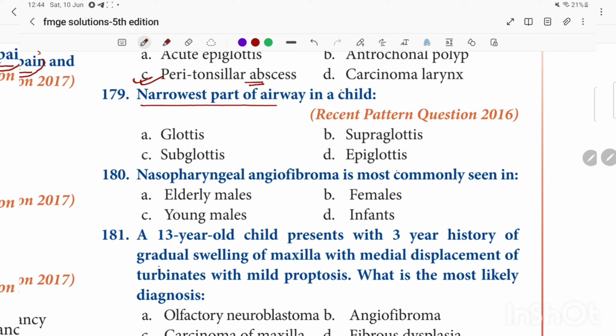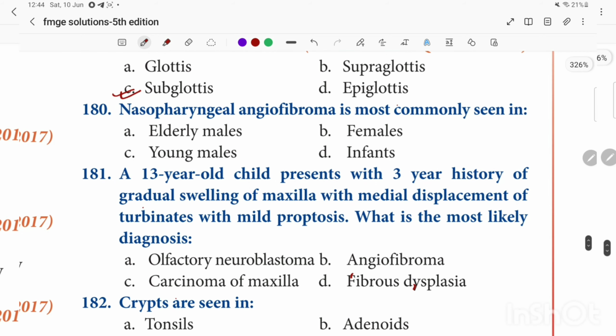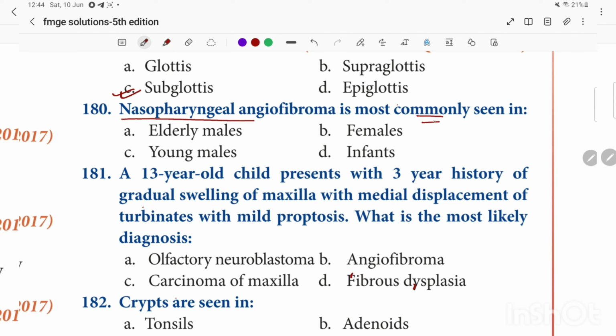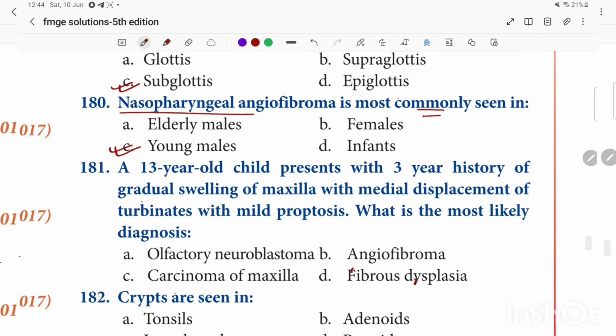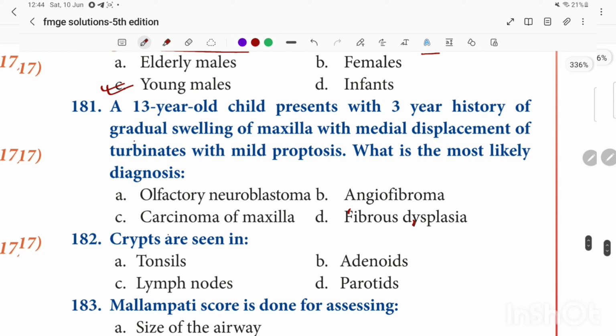Narrowest part of the airway in a child is the subglottis. Nasopharyngeal angiofibroma is most commonly seen in young males. A patient presents with 3 years history of gradual swelling of maxilla, medial displacement of turbinate with mild proptosis.